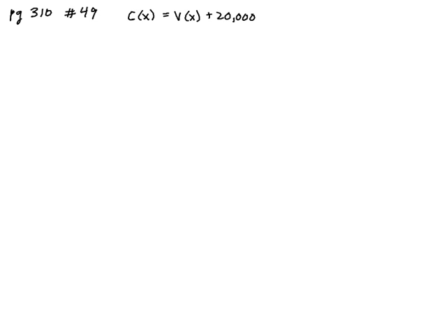That fixed cost of 20,000 is established before any pagers are manufactured and sold. They've given us a revenue function for the X pagers at negative 0.02 x squared plus 150x.